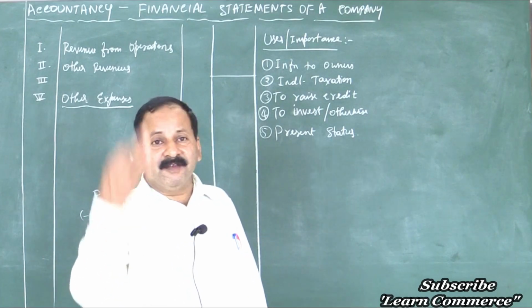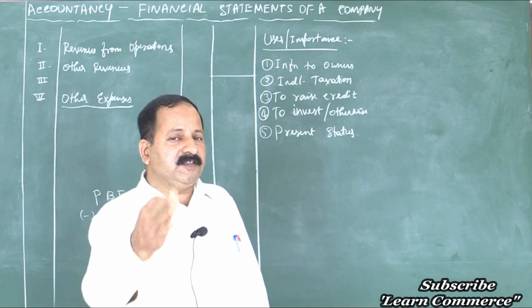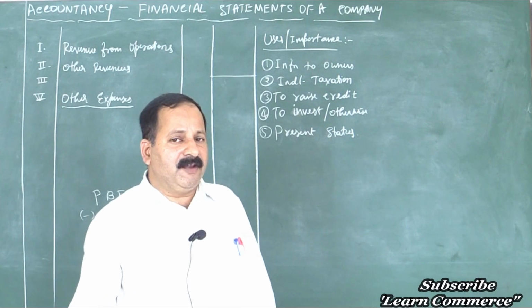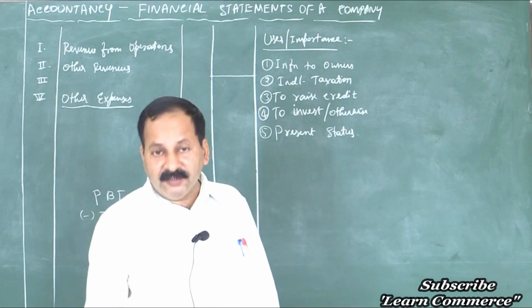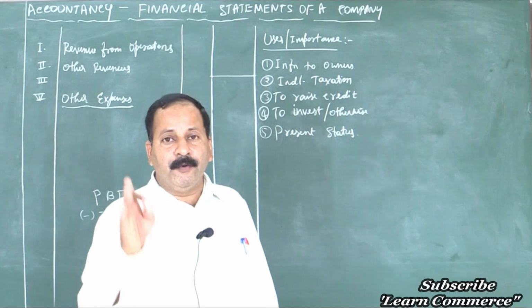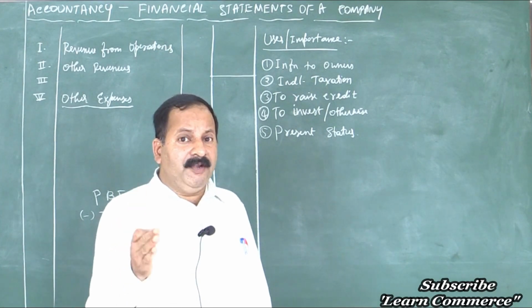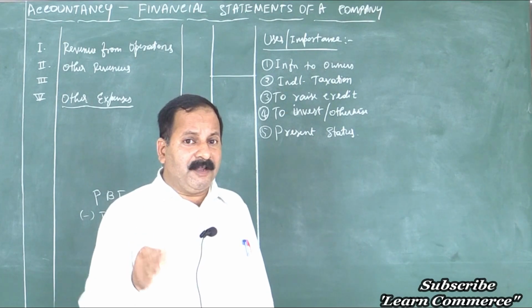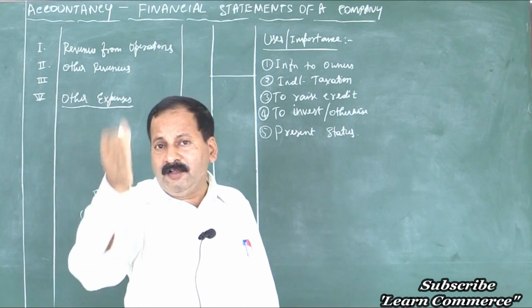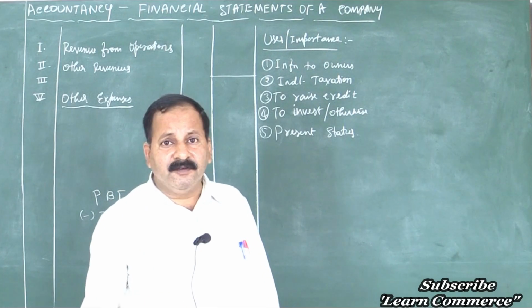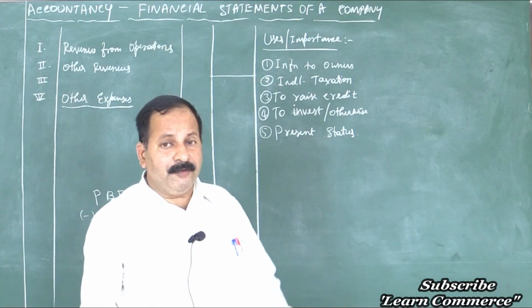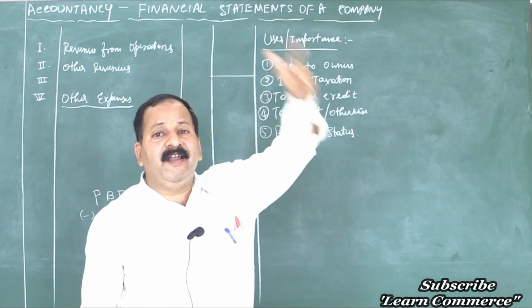You may be knowing, some years ago, Satyam Computers, isn't it? The managing director was accused of fraud, of window dressing the balance sheet, isn't it? Immediately the share price came down to, I think, 20 or 25 rupees per share. Actually, it was quoting above 500 rupees.